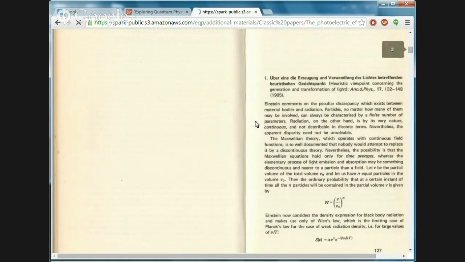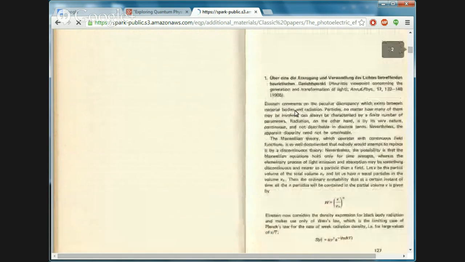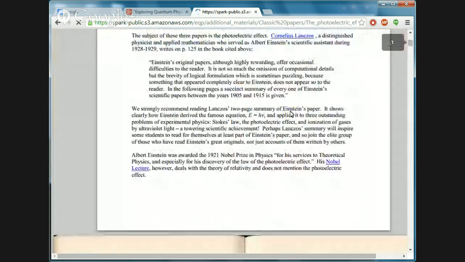Lanczos wrote this book, and half of it consists of Lanczos' summary of each of about 20 of Einstein's papers, the ones published between 1905 and 1917. They're the best things ever written. They're very brief, but they tell you what Einstein did.